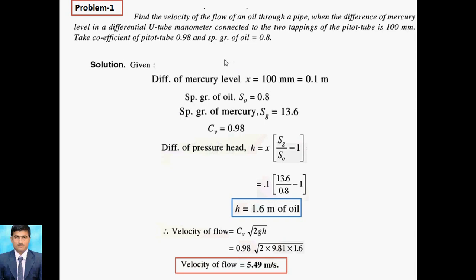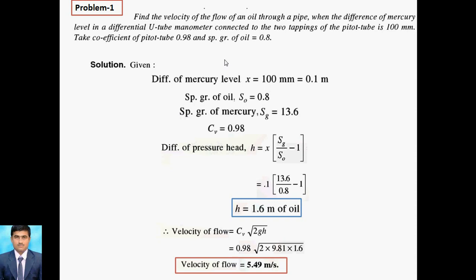Always remember that the venturimeter and orifice meter are used to measure the rate of flow, and the pitot tube is used for measuring the velocity of flow. This is the basic difference. The construction also differs: the venturimeter has 3 cross-sectional areas and is difficult to manufacture, but the orifice meter is simple to manufacture, we only have to create a small sharp-edged hole.